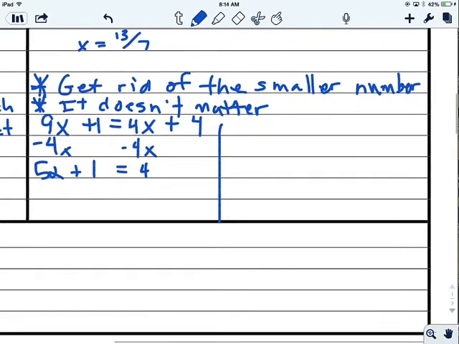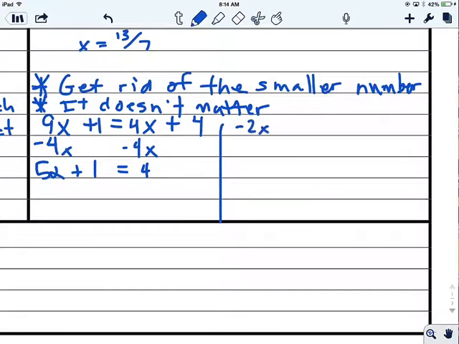So let's look at one more example. Let's say I have negative 2x minus 3 equals negative x plus 6. When I'm looking at this one, I see a negative x and I see a negative 2. When it comes down to it though, negative 2x is smaller than negative 1x. And so I'm going to get rid of the negative 2x. I'll think to myself, how am I going to make a 0 out of negative 2x?